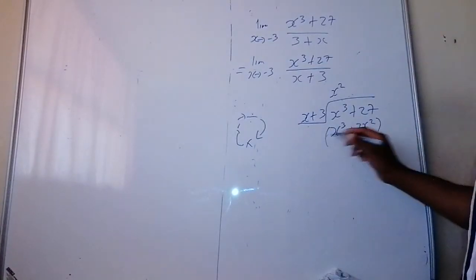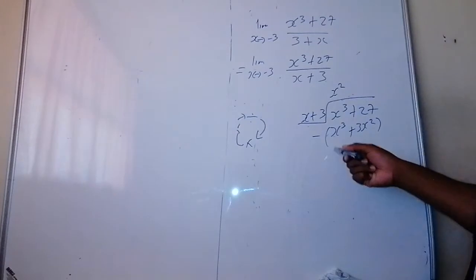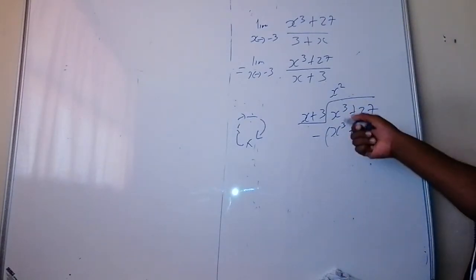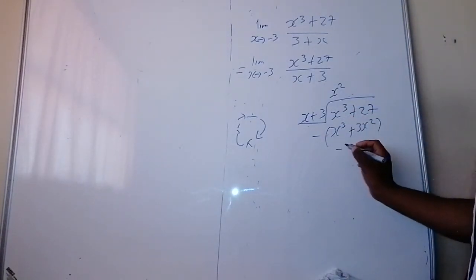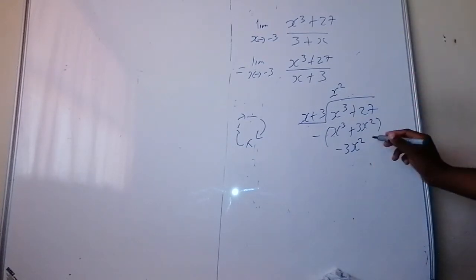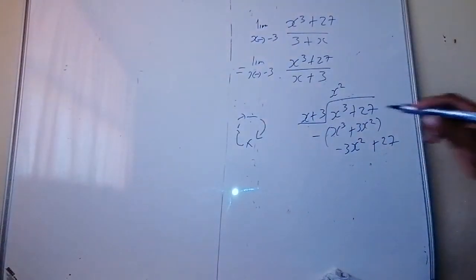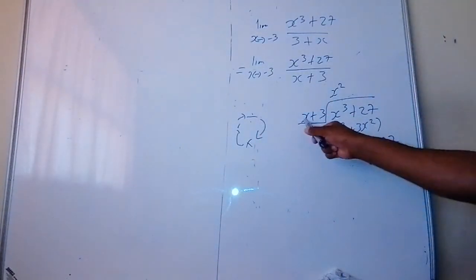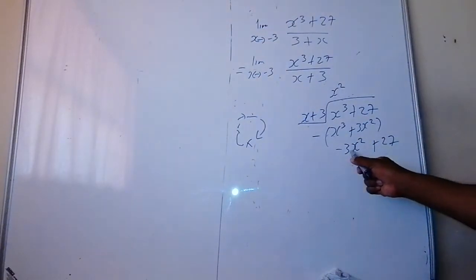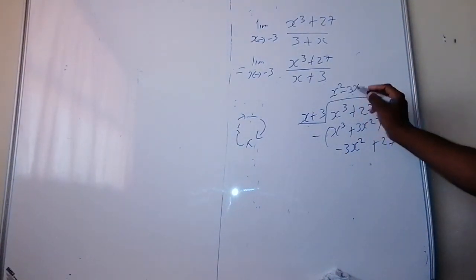From there you subtract. x cubed minus x cubed is 0. 0 minus 3x squared is negative 3x squared. Then we can drop the next term, which is just 27. After that, we do the division again. x divided into negative 3x squared is negative 3x.